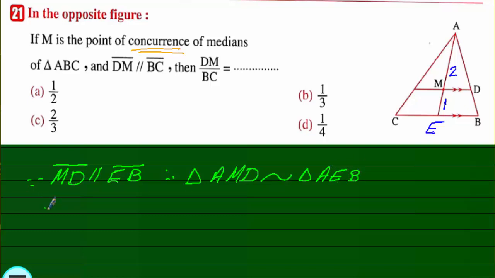Then the corresponding sides are proportional. So AM over AE equals MD over EB.